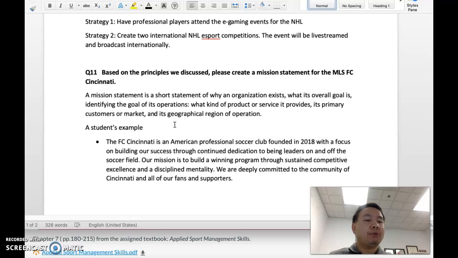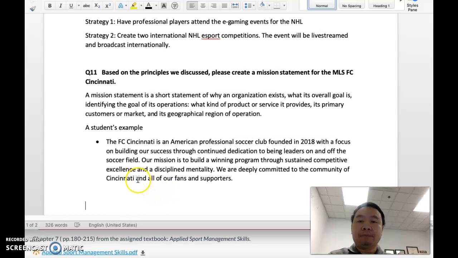For a lot of students, when you write a mission statement, you only use one sentence. It's really difficult to use only one sentence to explain who you are, what you do, and what you try to achieve. So this is an example. I think one of the best mission statements was written by a student in the second quiz.